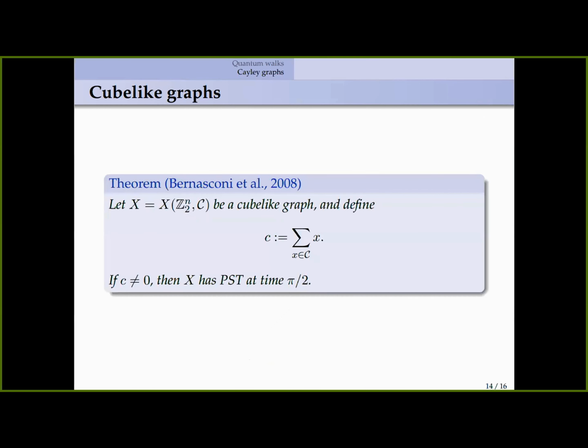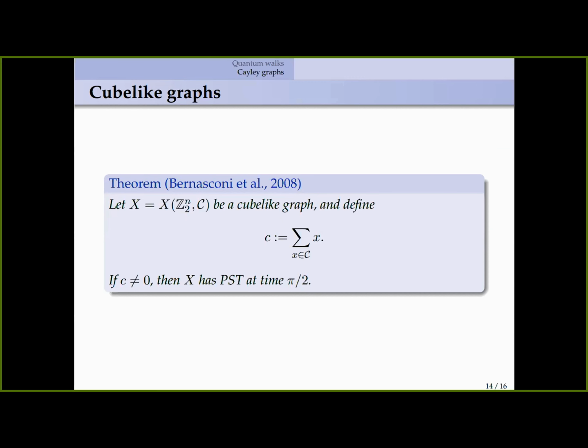And so here's the theorem. Let's take a cube-like graph and define this element C to be just the sum of the elements in the connection set. We're now thinking of this as an additive group, so we can add the elements.